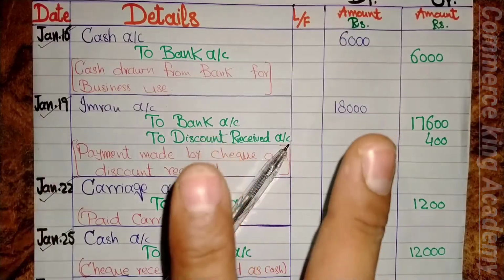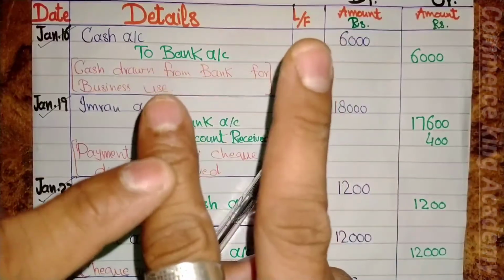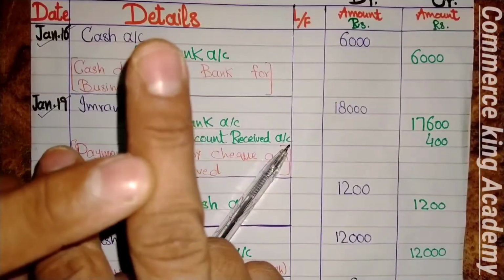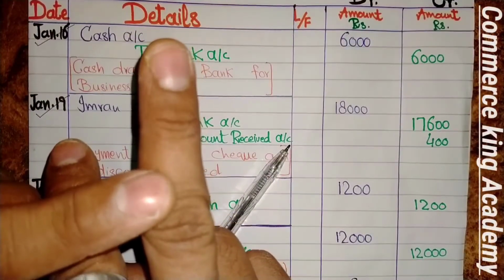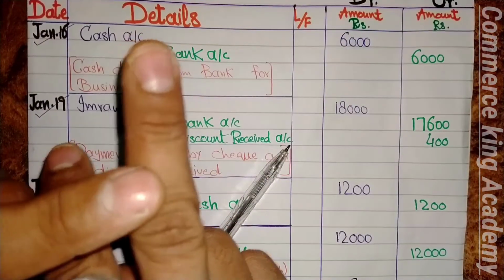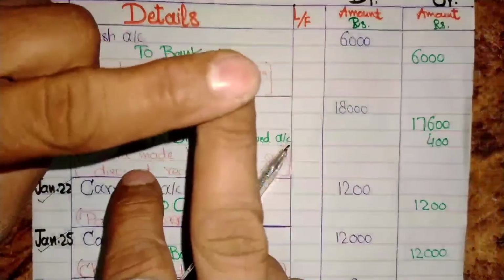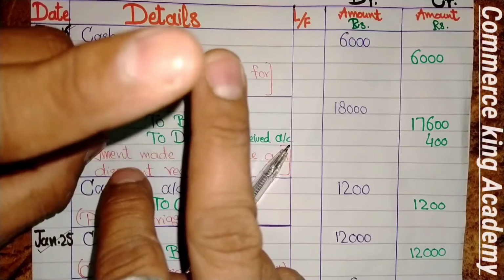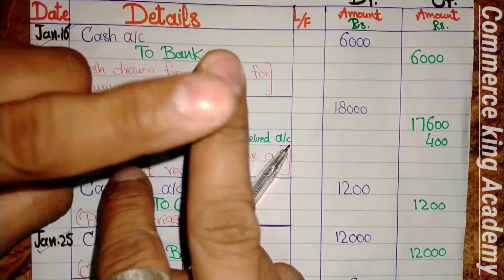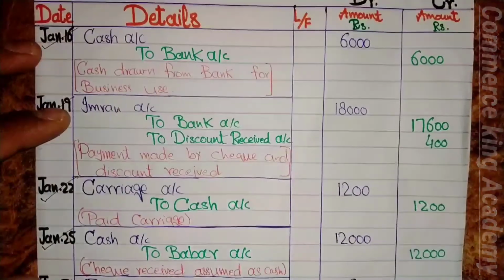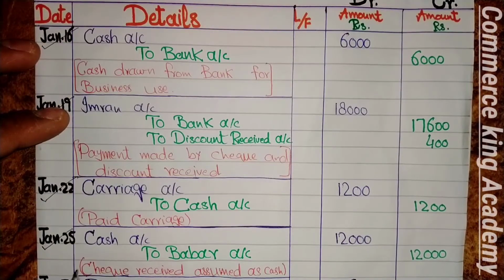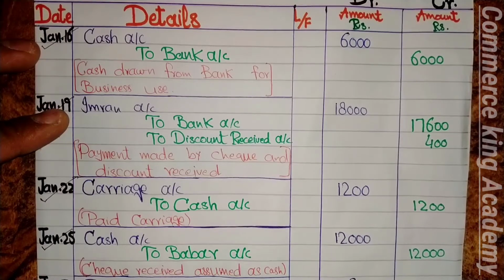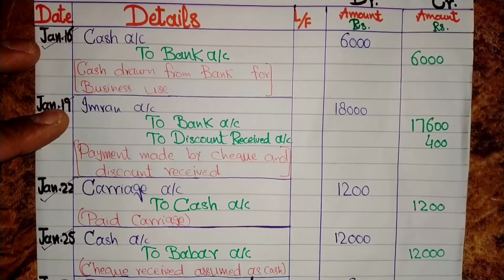The first reason could be this. And the second reason: the check is received by the business and immediately cashed from the bank. So with the existence of both reasons which we have discussed, the entry will be cash account debit, to Babar account credit, with details or description: check received and assumed as cash.